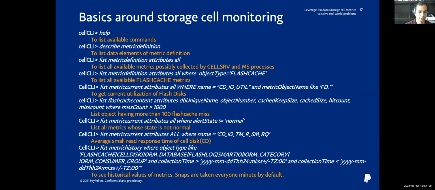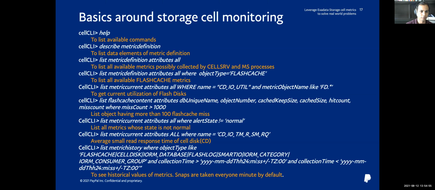So on Exadata cellcli, when you do help, it will show you a bunch of topics, and then you can start picking the topics you are interested in and start looking at the help. And there's great documentation from Oracle, which goes into detail about a lot of these important metrics.